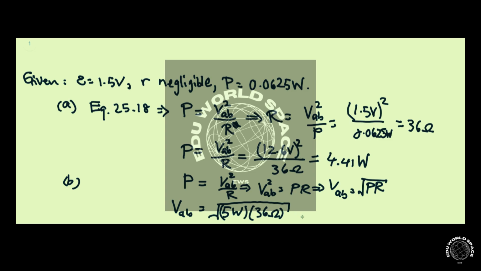So when the power dissipated is changed, the resistance stays the same. So we can use the same value of R for all the three cases. And just taking the square root of this number, we have that the voltage is 13.42 volts. So that solves this problem.